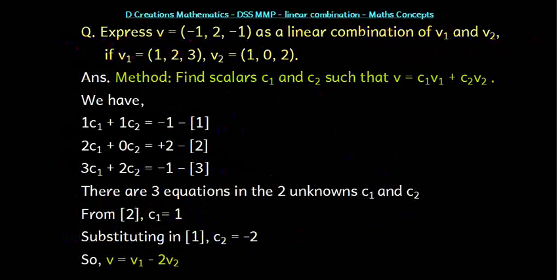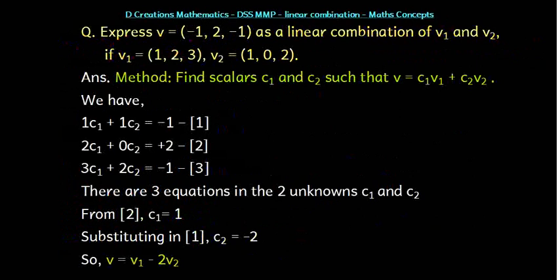You multiply it by c1 and add to it c2 multiplied with the third component of v2, which is 2. That means 3c1 plus 2c2. And that should give you the third component of v, which is -1. So you get 3 equations and 2 unknowns. The 3 equations are: c1 plus c2 is equal to -1, 2c1 is equal to 2, and 3c1 plus 2c2 is equal to -1. The unknowns are c1 and c2.